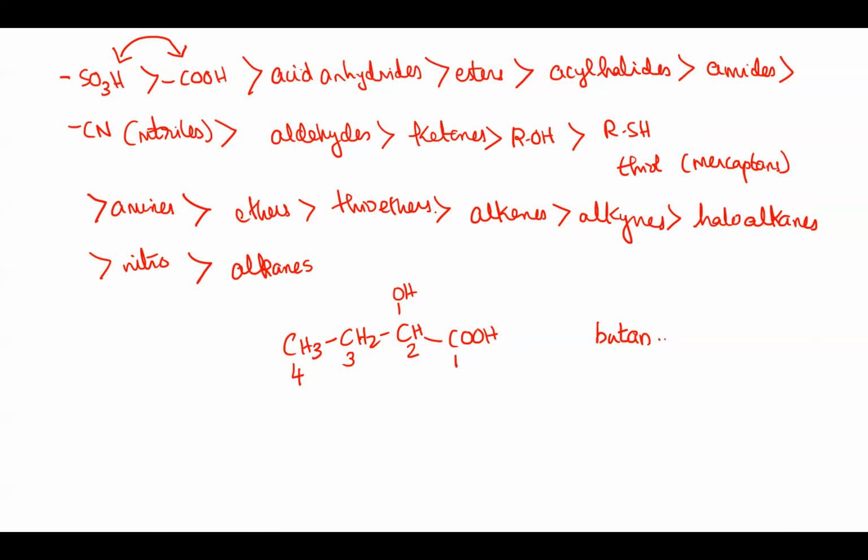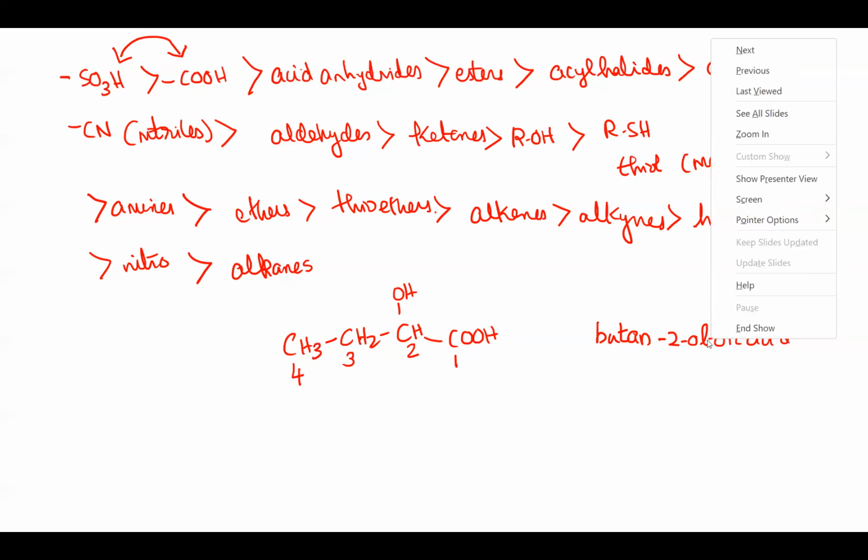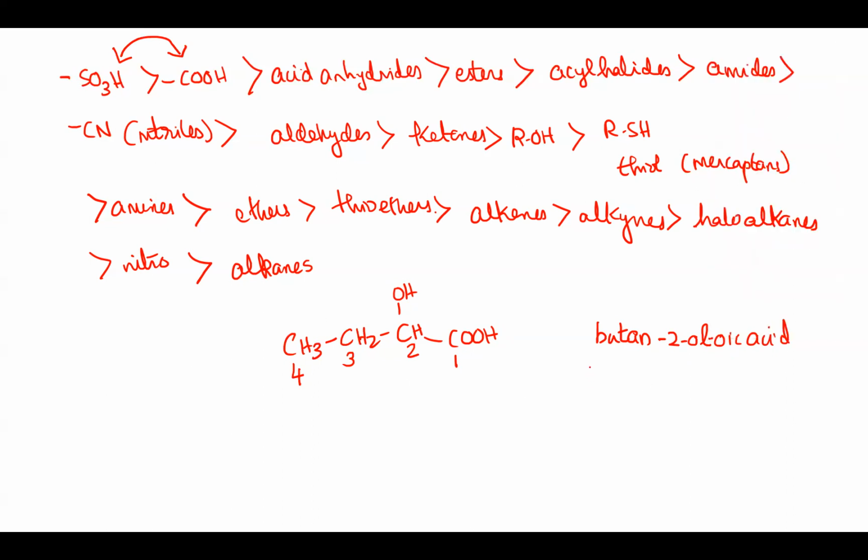We can call it butane-2-ol, then we can call that oic acid. Some books say butane-2-ol-1-oic acid.